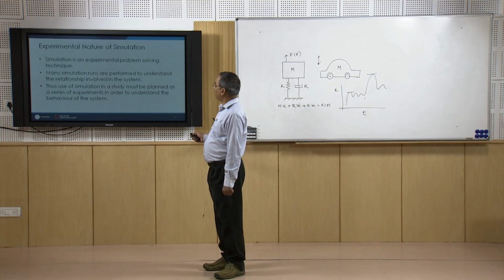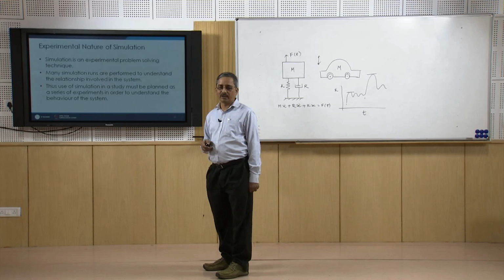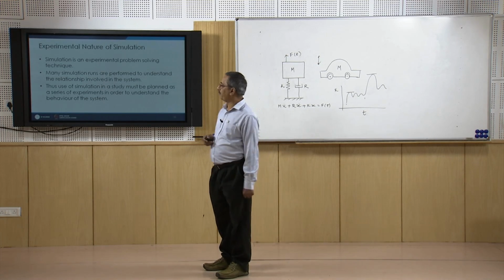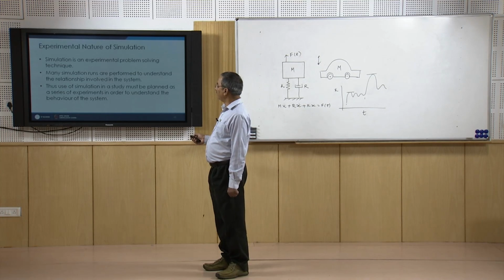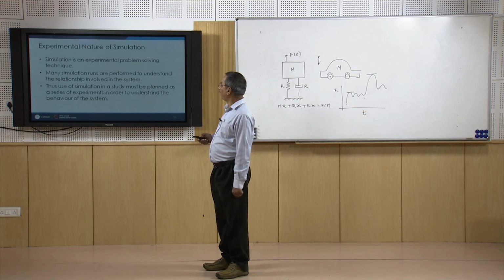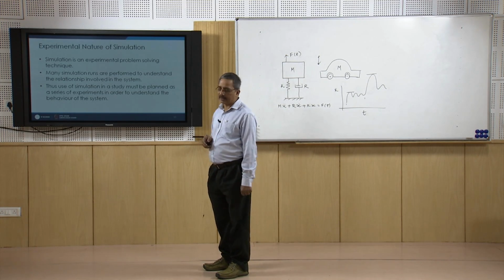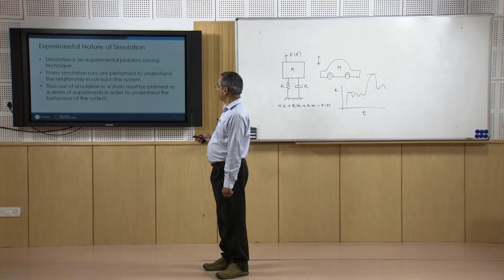So, simulation is basically an experimental problem-solving technique, and this is what we call numerical experimentation. Many simulation runs are performed to understand the relationships involved in the system. We need to perform many simulations in order to understand the relationships in the system.